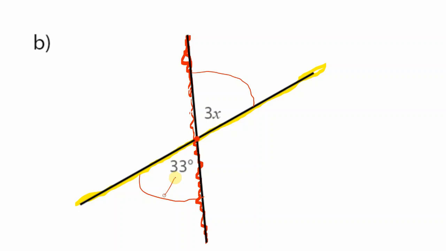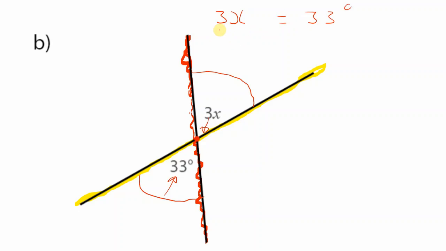We have two angles staring at each other. We refer to this as vertical opposite angles. So our statement is that vertical opposite angles are always equal. So in fact, 3x equals 33 degrees.